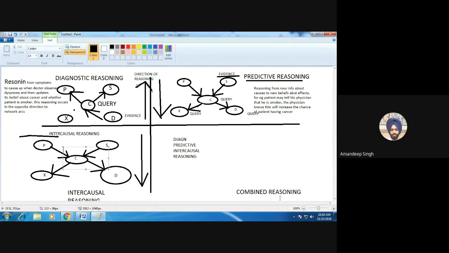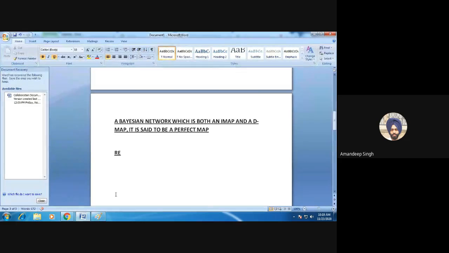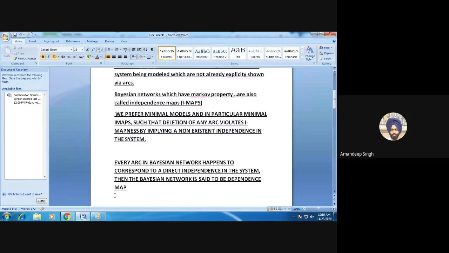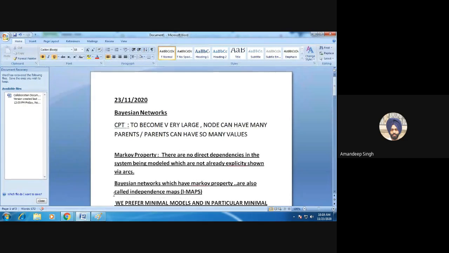And the combined reasoning is when you employ all these reasoning methods and try to arrive at conclusions given your different inference procedures. So that is the basics about the different reasonings that you can deploy in Bayesian networks, and how you can reason about the given domain.